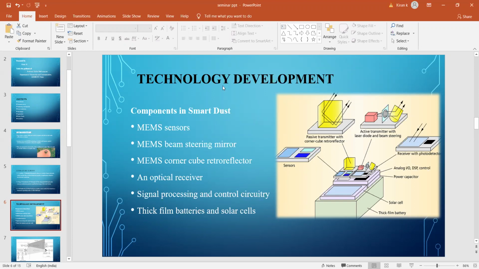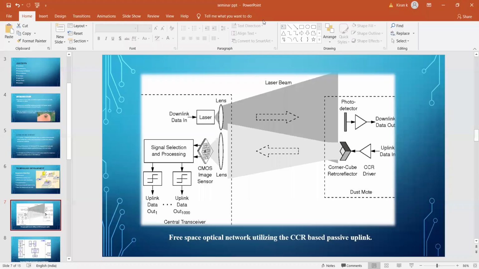Thick film batteries and solar cells: in Smart Dust, the majority of the volume will consist of the power supply elements. These rechargeable thick film batteries will store up to 1 joule per cubic millimeter with low output resistance.